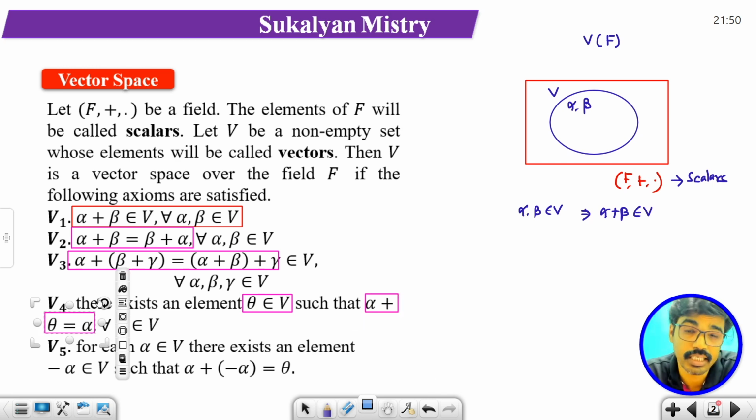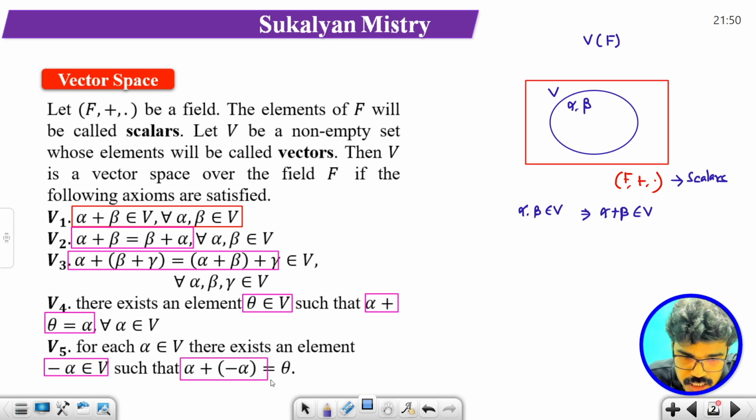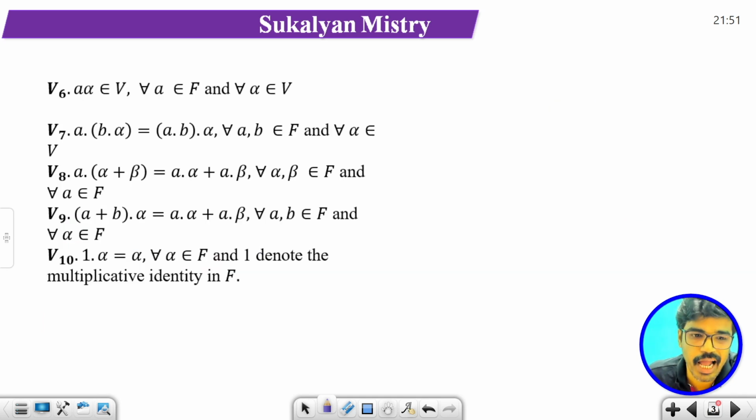Theta is called the identity element. And for every element alpha belongs to V, there must exist an element minus alpha belongs to V, such that alpha plus minus alpha is theta. That is the inverse of alpha, that is minus alpha. Okay, take these five properties with respect to addition.